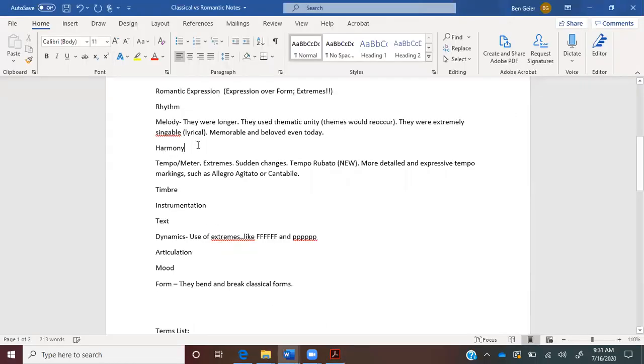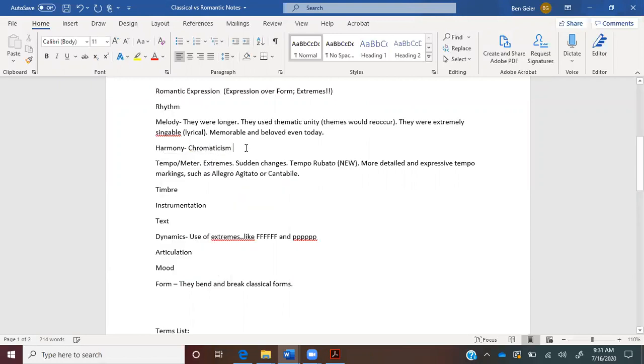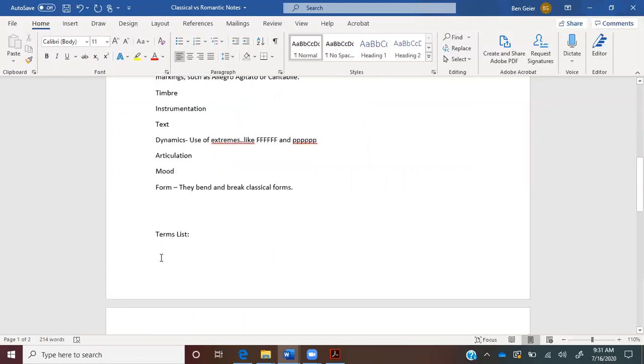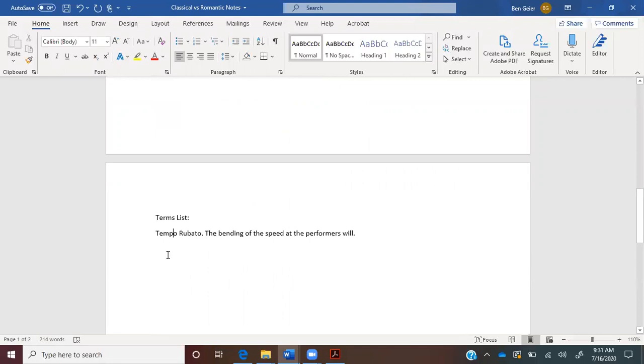Okay, so for harmony, we're using chromaticism. Now we're going to need that in our terms list too, along with tempo rubato.